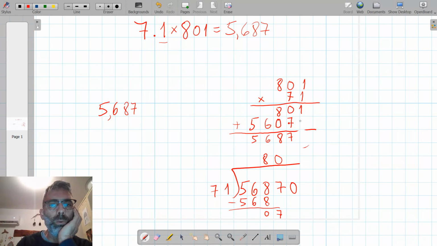In my head, I say 1 plus 0, and then I write 0 here. It's supposed to be 1. Okay. So I bring down the 1, and 71 goes into 71 exactly 1 time, and no remainder. So the answer is 801.